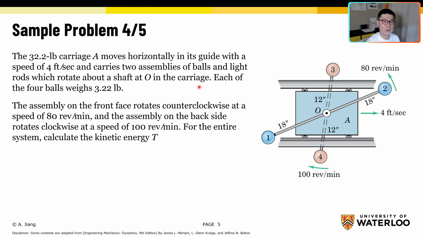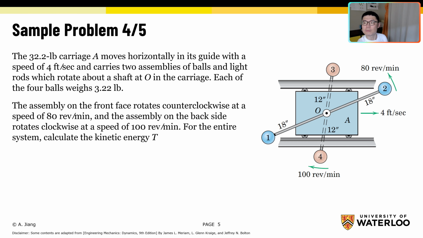Each of the four balls weighs 3.22 pounds. The assembly on the front face rotates counterclockwise at the speed of 80 revolutions per minute, right here. And the assembly at the back side rotates clockwise at the speed of 100 revolutions per minute, right here, 3 and 4. For the entire system, calculate the kinetic energy T.